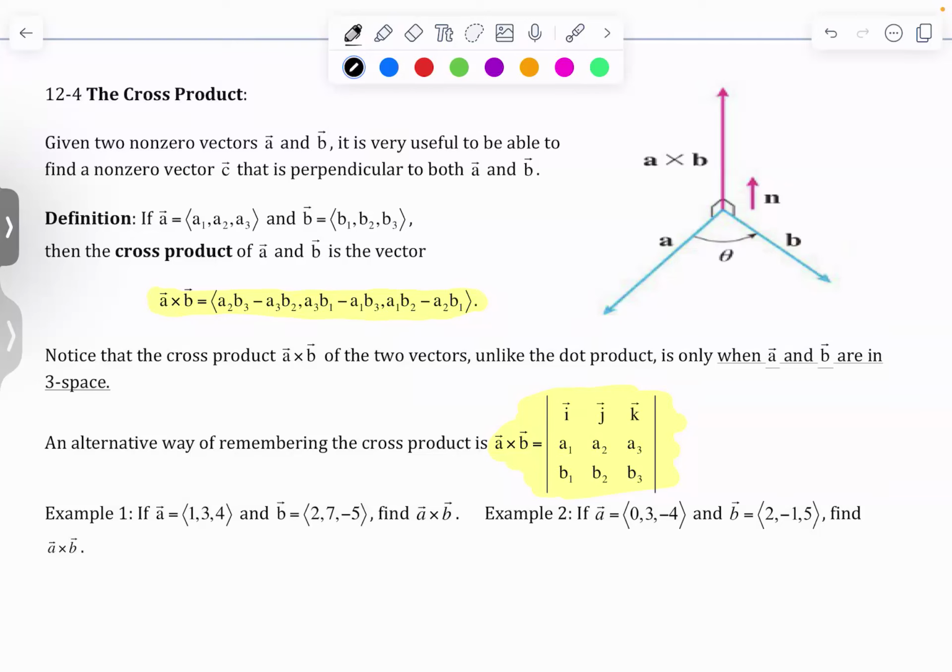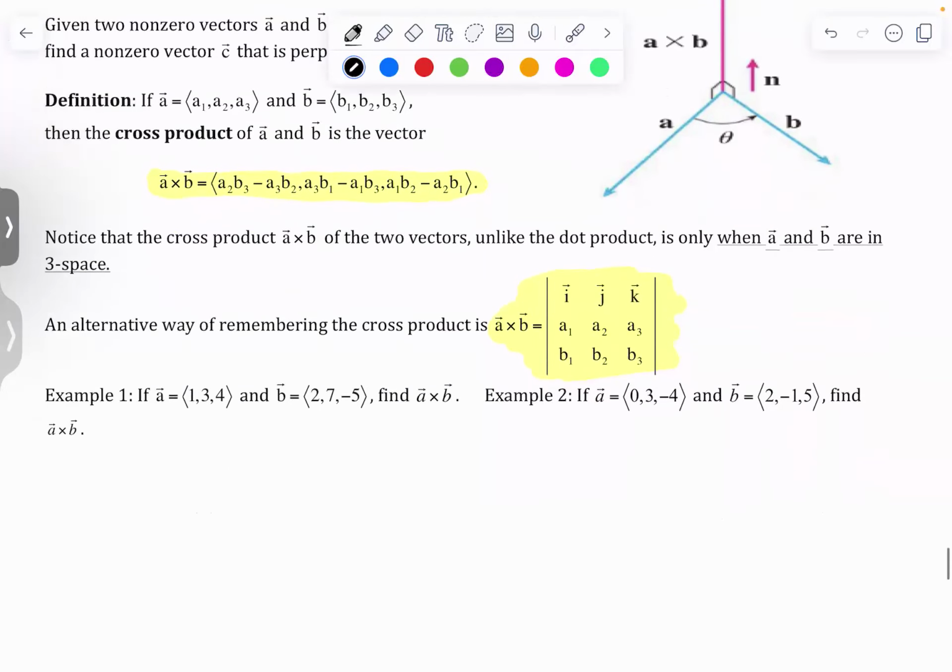And then it's the first vector, A, its components 1, 2, and 3. And then the second one, and we're going to take the determinant based on i, then j, then k, and we're going to end up with a new vector as we do this.